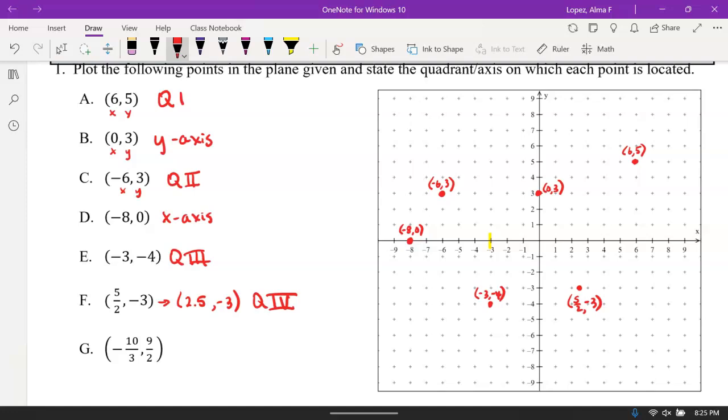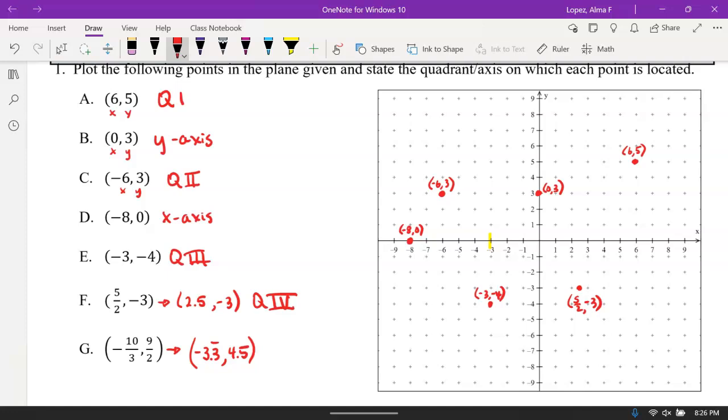-10/3. Again, I'm going to convert them to the decimal version so I can actually place them on the rectangular coordinate system. That would be -3.3 repeated, and the 9/2 is going to be 4.5. By converting them to decimals, I can locate them a little bit easier, and all I did was do long division. Let's place them. -3.3.